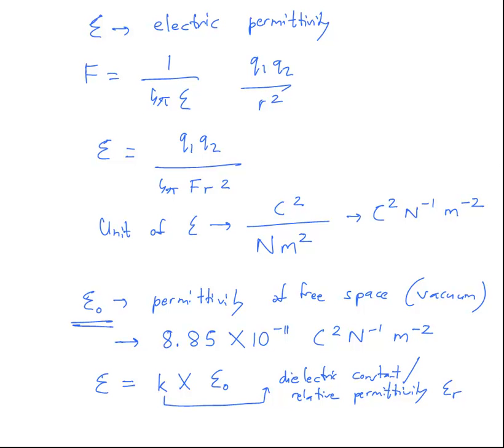For any medium, you will almost never be given the value of epsilon. What will be given to you will be the value of k, that is the dielectric constant. And then using this formula, you would be able to find the actual value of the permittivity epsilon of that medium.